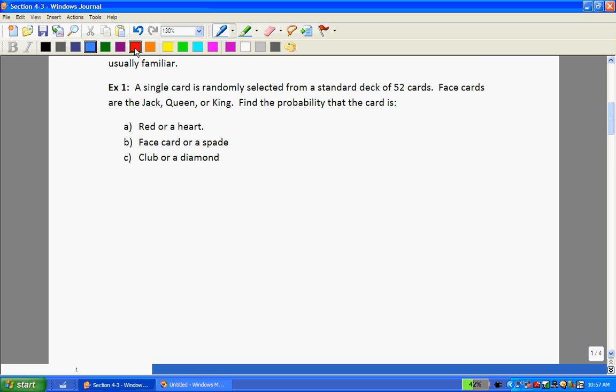Before we get started on those, let's just make sure we remember all the characteristics of a standard deck of cards. We have two colors, red and black, and we have 4 suits. So our suits are hearts, and there's 13 of those. And we also have diamonds, 13 of those.